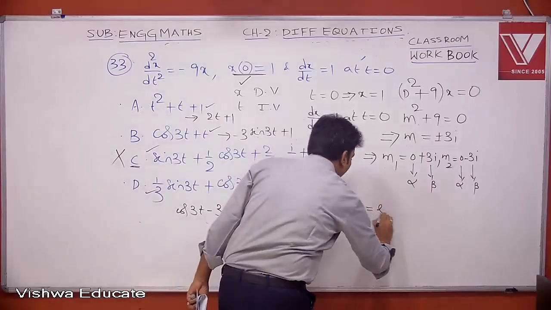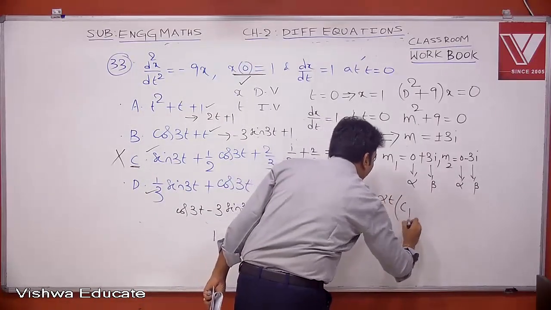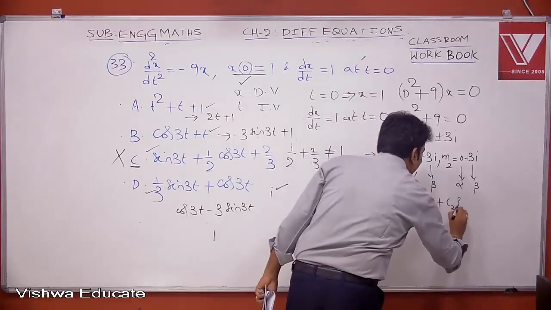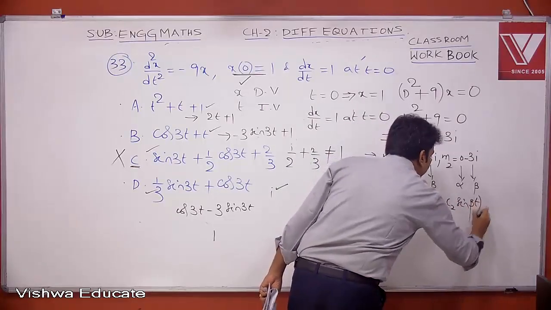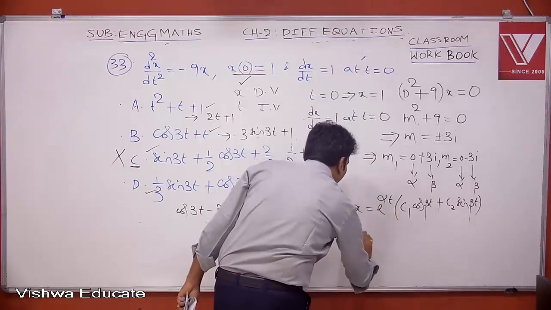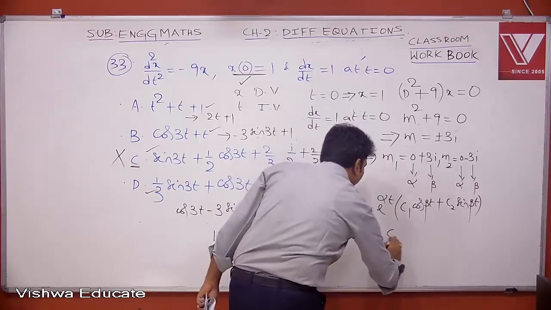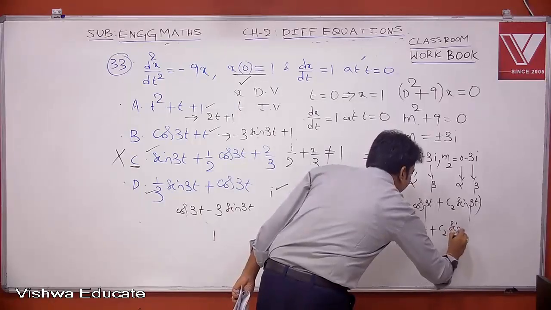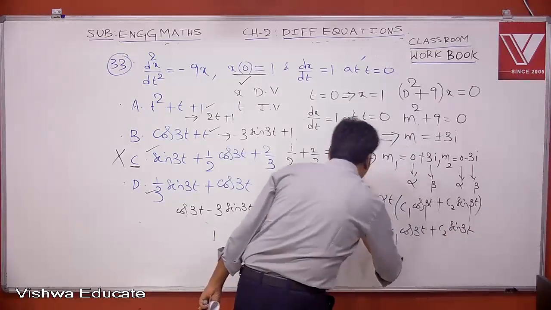Therefore, x equal to e power alpha t into (c1 cos beta t plus c2 sin beta t). So here alpha is 0, beta is 3. So this is c1 cos 3t plus c2 sin 3t. This is my general solution.